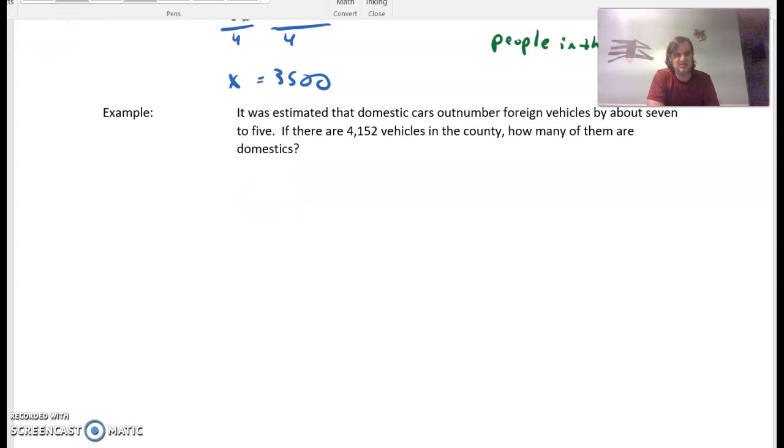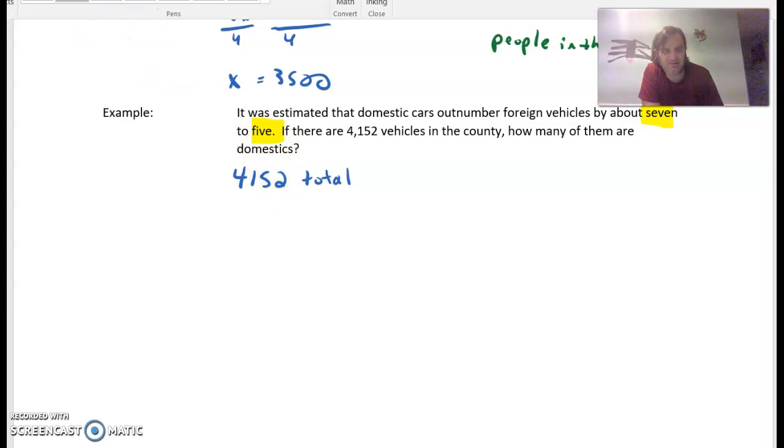That's why I leaned on the side note before, but there's 4,152 total. And if we think about what we have here, we have a 7 to 5. Okay, so we're comparing 7 domestic to 5 foreign. Well, if that's true in the simplest terms, we're talking about 12 total.